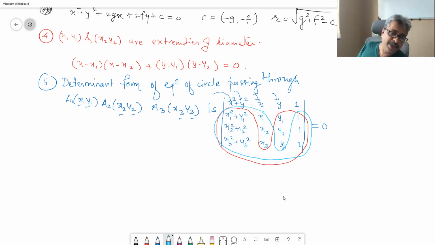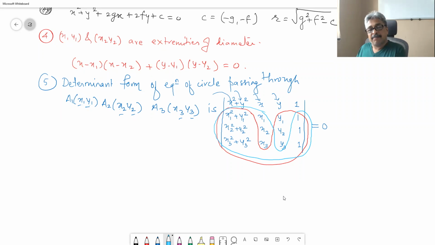If we put x2, y2 in the first row, it will be the same as the second row. Therefore, x2, y2 will satisfy this determinant equal to 0. And x3, y3 also will satisfy the determinant equal to 0.